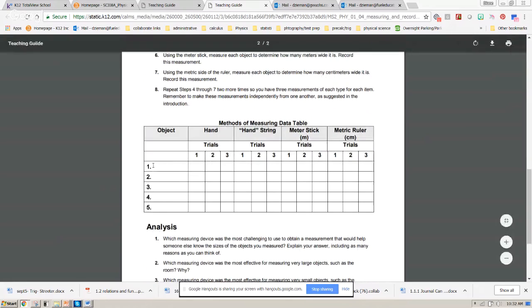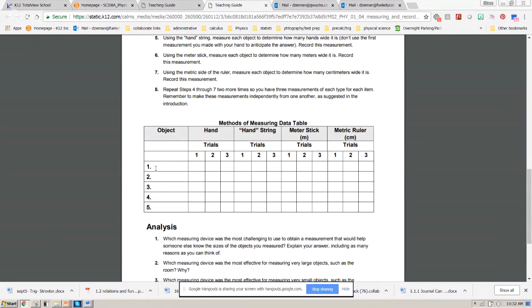In your table on the second page, for example, I'm going to measure a vase 3 times with my hand, 3 times with my string, 3 times with my meter stick, and 3 times with my smaller measuring device, my metric ruler.